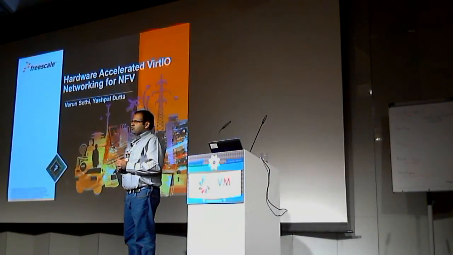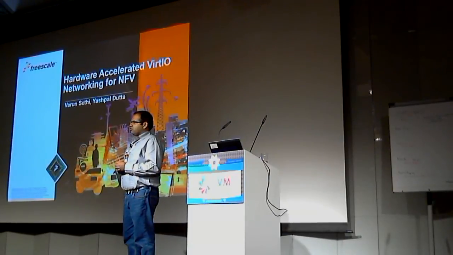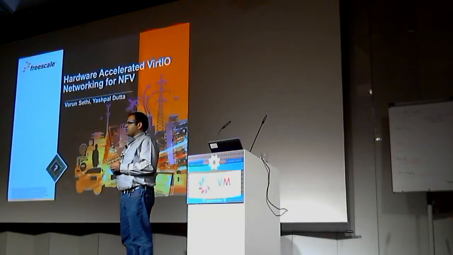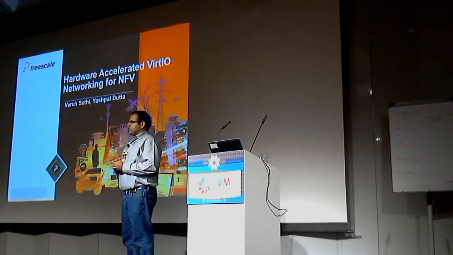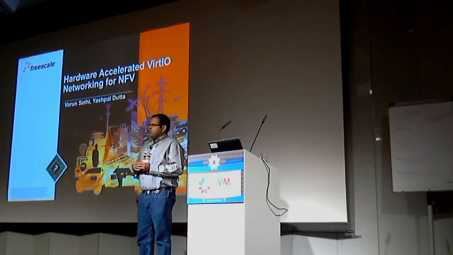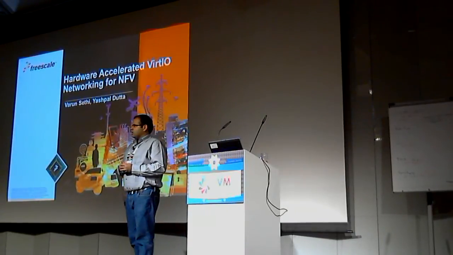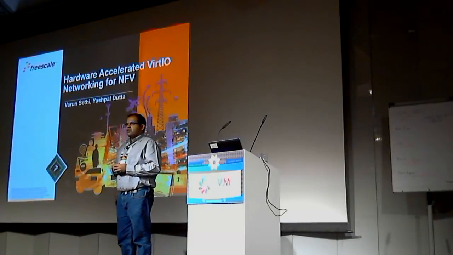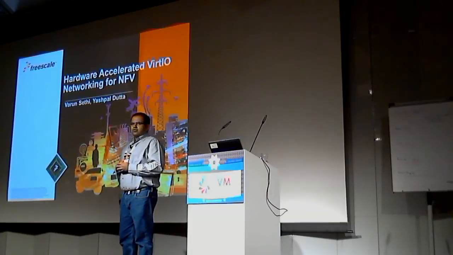I believe many of us attended the session prior to lunch where we talked about performance issues with network function virtualization, and there were certain suggestions for improving the performance. We are also looking at that, and we have a proposed architecture through which we want to improve the performance for network function virtualization using VirtIO.